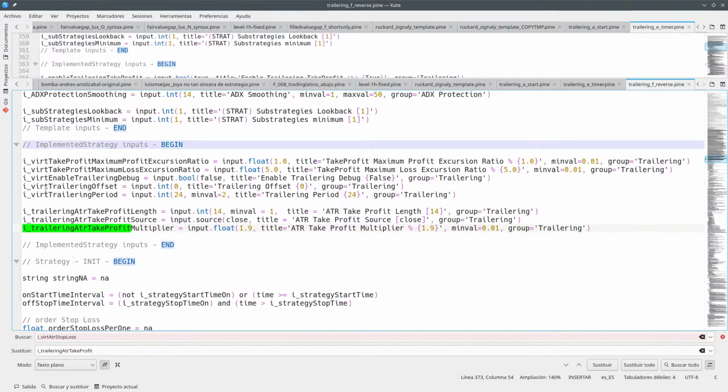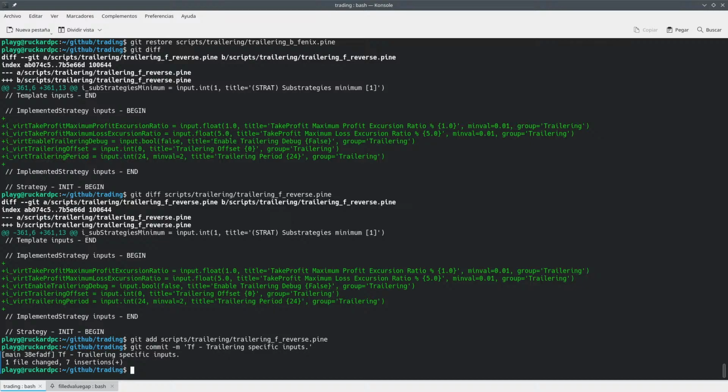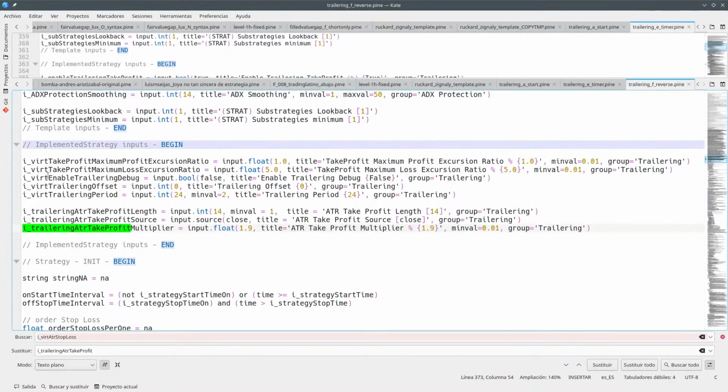Enable trailing in the back. Okay, anyway. So now we can have this. If we have specific inputs, maybe we can set this to not be.